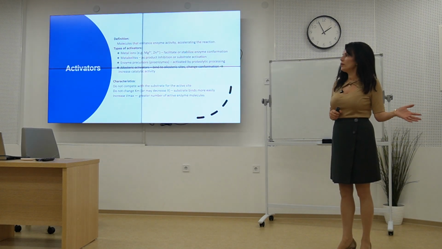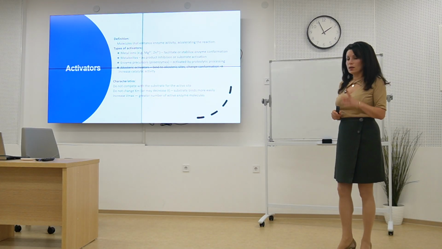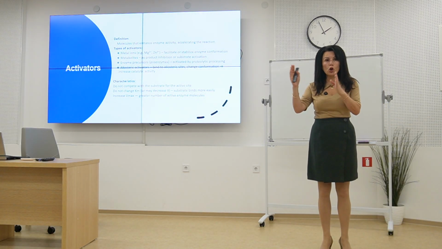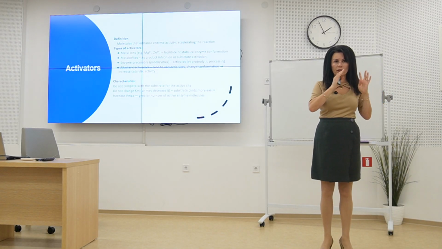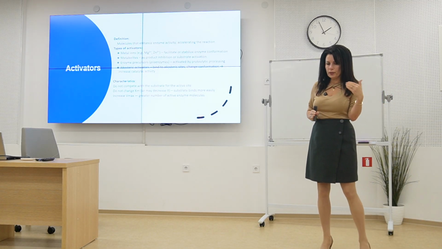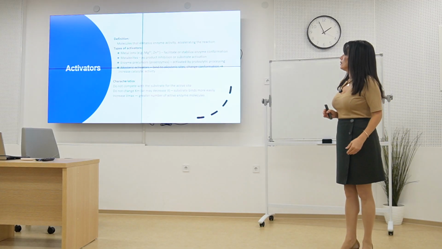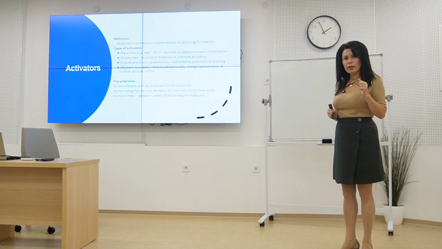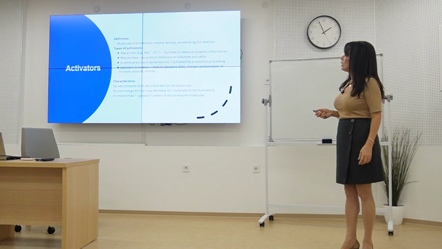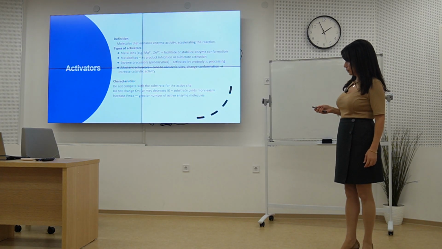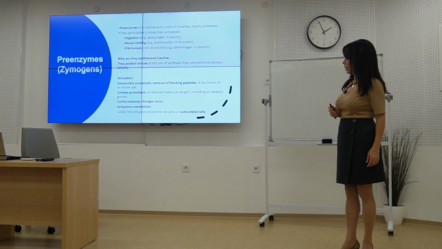They can be different metabolites, such as, be careful, product inhibition and substrate activation. I will repeat again: enzyme precursors, where you'll see the mechanism of formation of active forms from the precursors, and allosteric activators. Okay, let's see one by one.